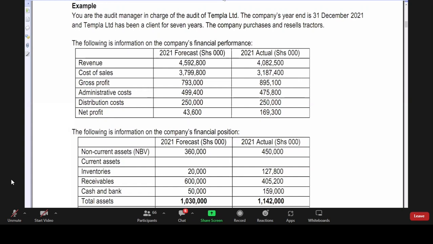So, for example, if you had KPMG for 2018, 2019, 2020, 2021, you can't use them for 2022. For 2022 you will do, let's say, PwC. But then after the 4 years of PwC, let's say 2022, 2023, 24, 25, you can even go back to KPMG. You get what I'm saying?